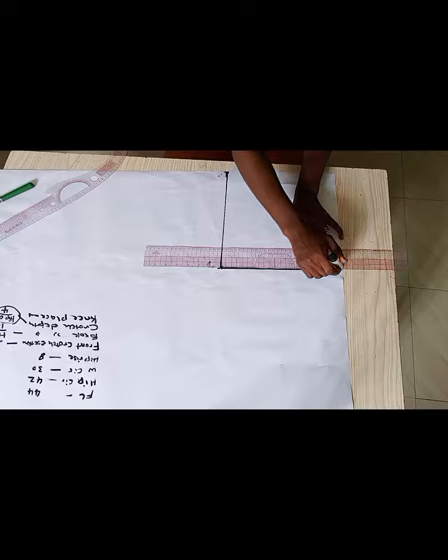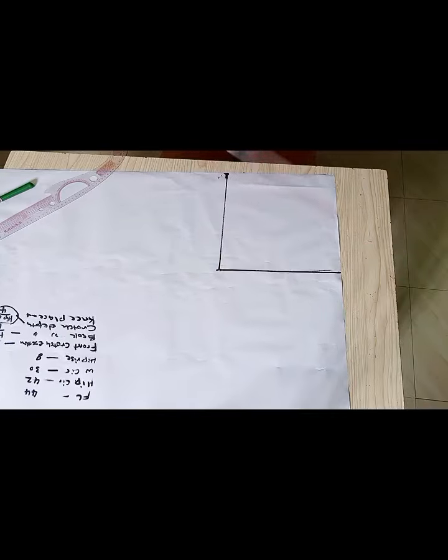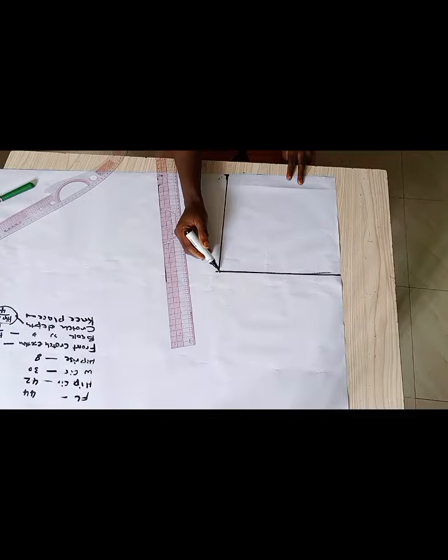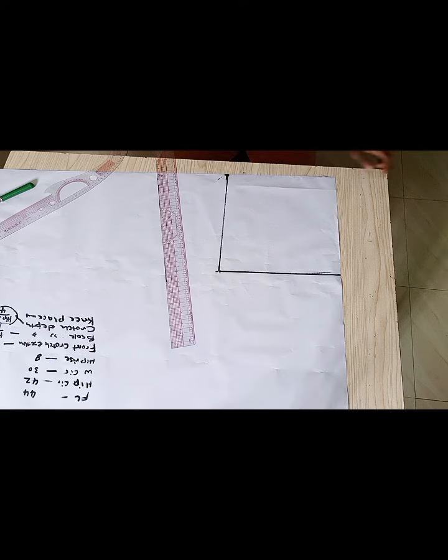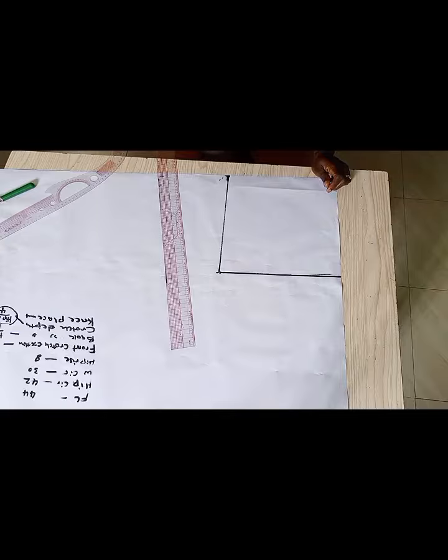When you are drafting yours, please use a pencil so that even when you have errors, you can correct them. The pencil also gives more accuracy as the line drawn by the pencil is thinner. However, I'm using a marker pen so that you can see what I'm doing very clearly. So we have gotten our measurements correctly.